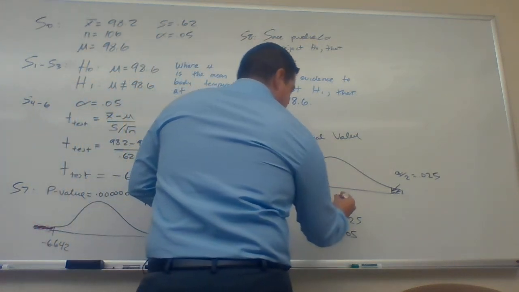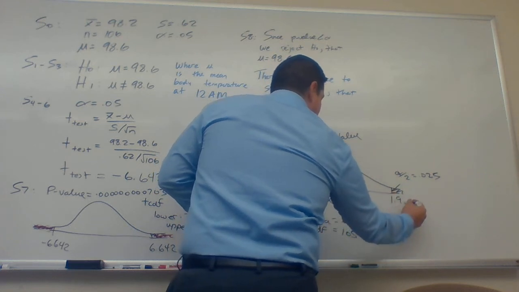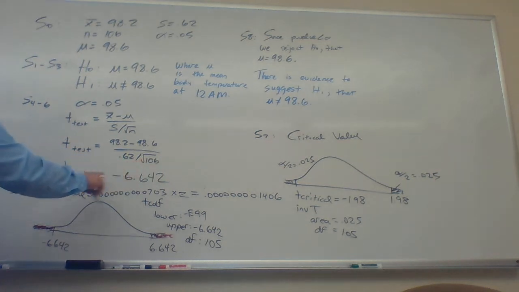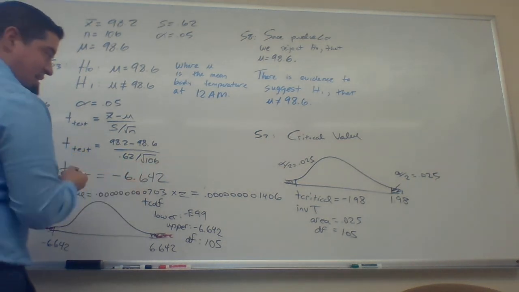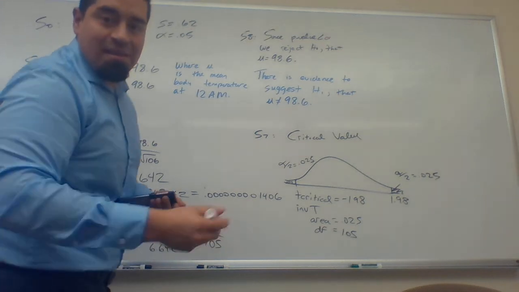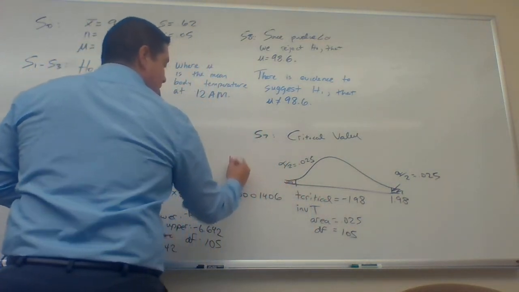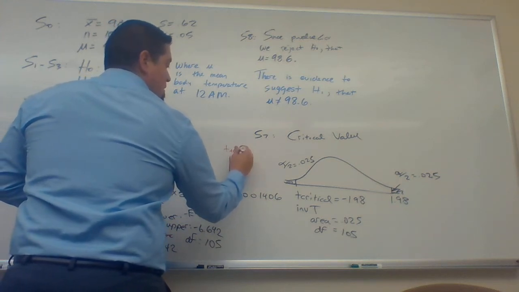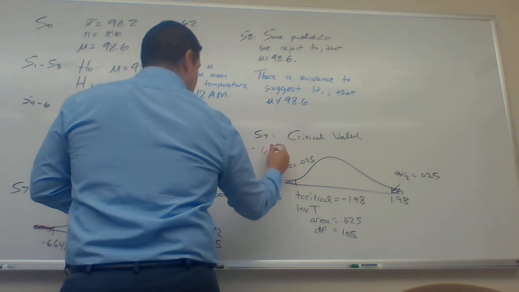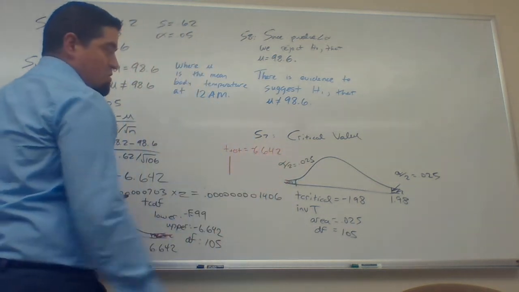Okay. By symmetry, this will be positive 1.98. Place your t test in here, and we'll see that it falls outside. If this is negative 1.98, the t test, negative 6.642, is well outside, so it's in the critical region.